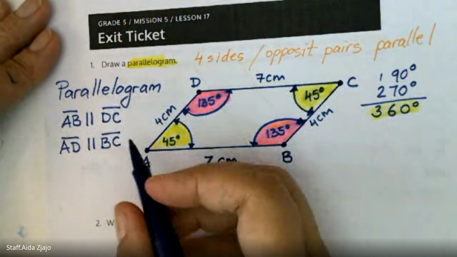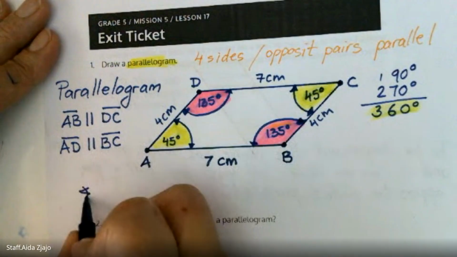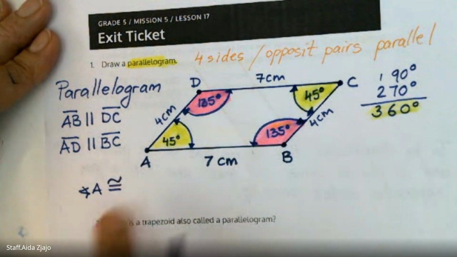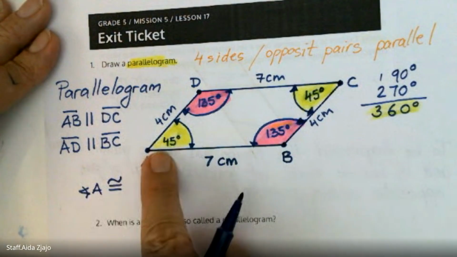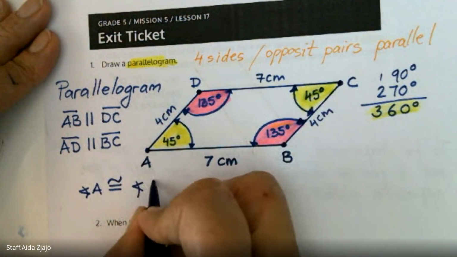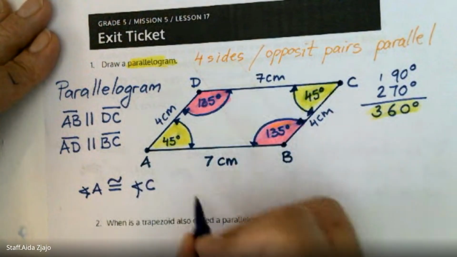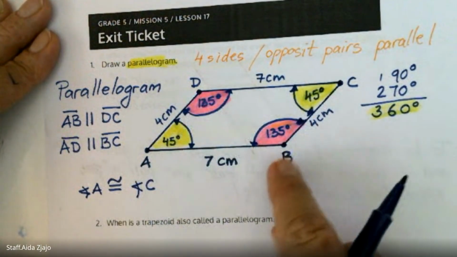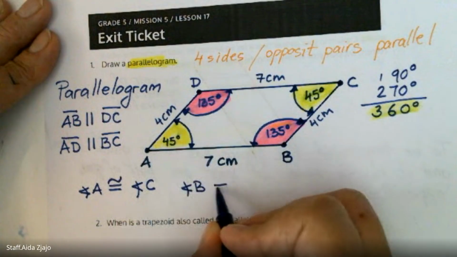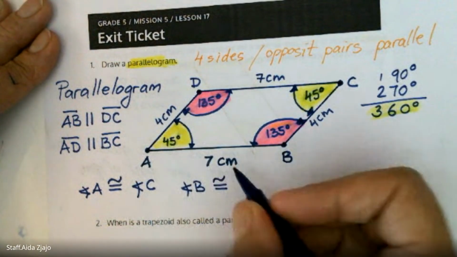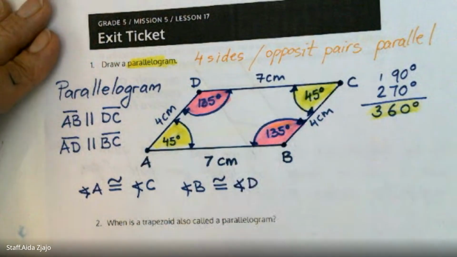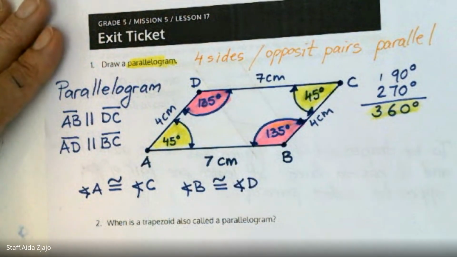We also can say that angle A, look, this is the sign for congruent, so angle A is congruent to angle C. And then angle B is congruent to angle D. It's equal, with a wavy line on the top, congruent to angle D. All right.